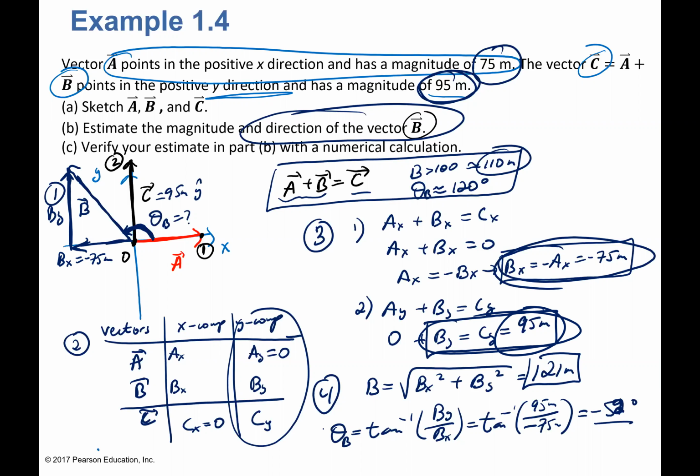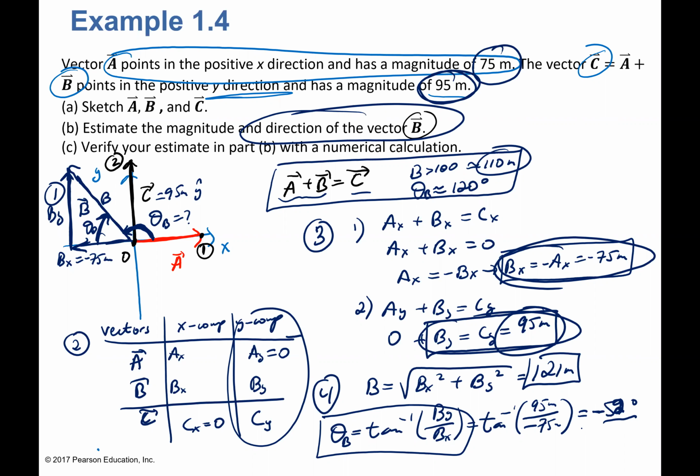When I use this equation, I'm technically calculating this angle, this angle of the triangle, where this is the magnitude of B. You can see this angle here is 52 degrees, but clockwise from the negative x-axis. That negative means you are 52 degrees clockwise from the negative x-axis, and the negative is the indication of the clockwise.